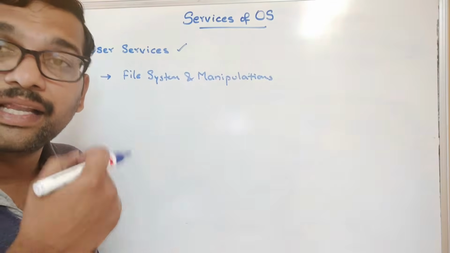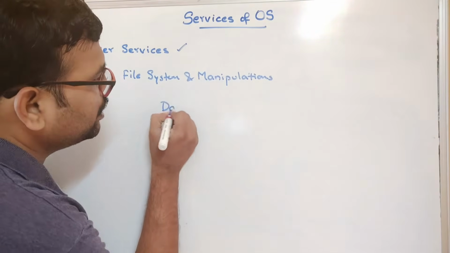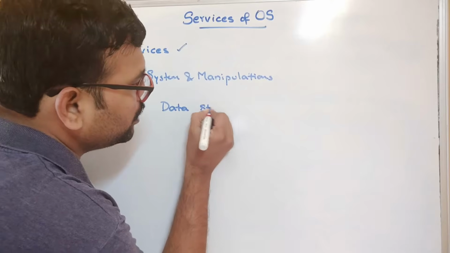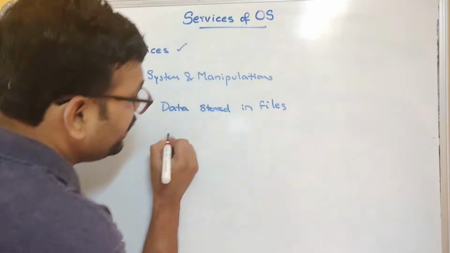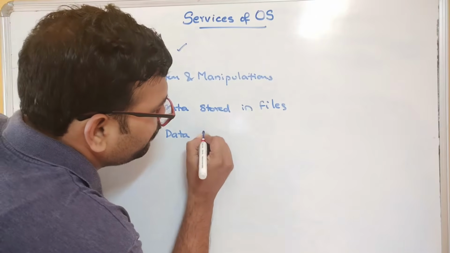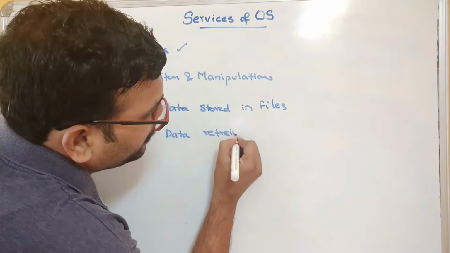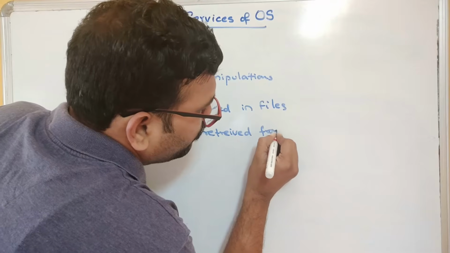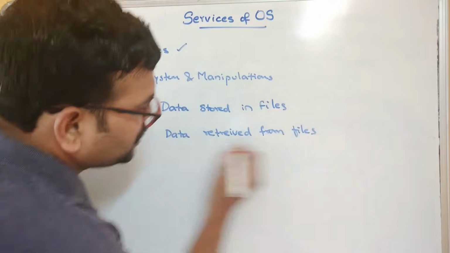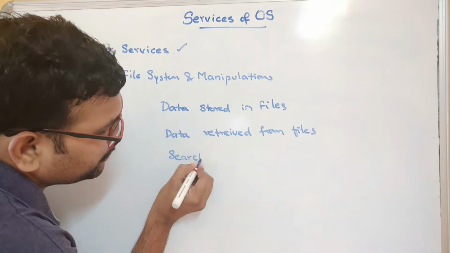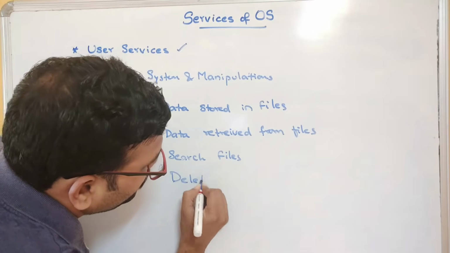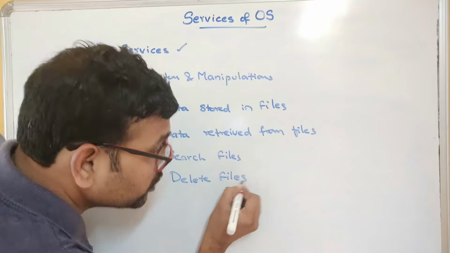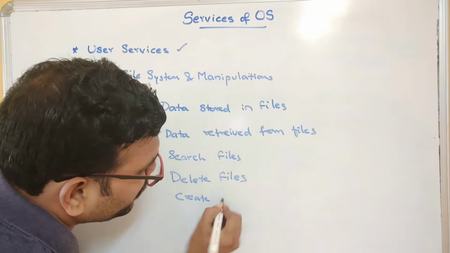Everything will be done: the data can be stored in files, data can be retrieved from files, and we can search the files. And we can delete the files, and also we can create the files.